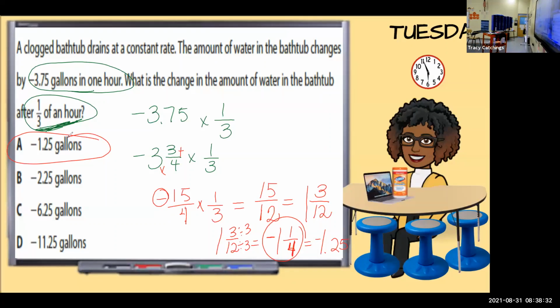So when you're determining multiplication or division, if they tell us something for one of something and we're looking for another of the same amount, that will be multiplication. So definitely make sure we can tell the difference between multiplying and dividing. Any questions about it?